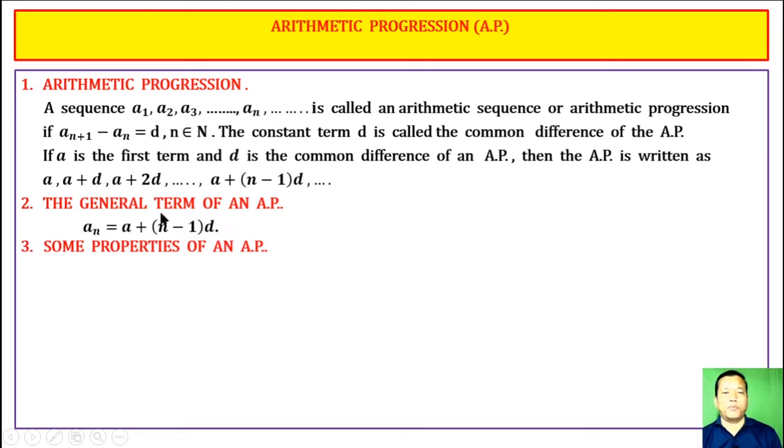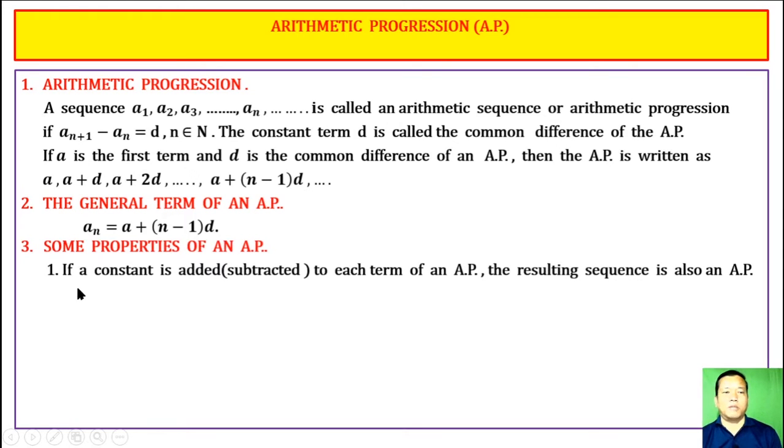Some properties of an AP. Number 1. If a constant is added to or subtracted from each term of an AP, the resulting sequence is also an AP. Number 2.